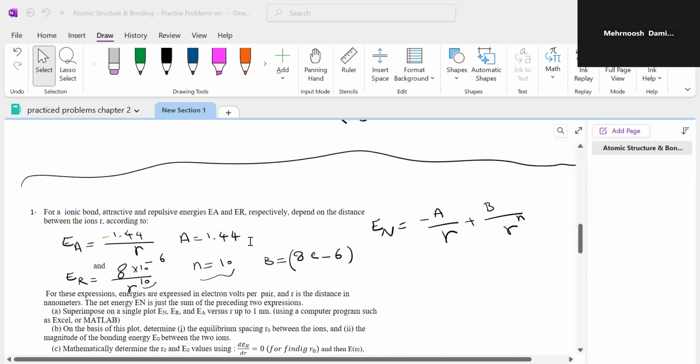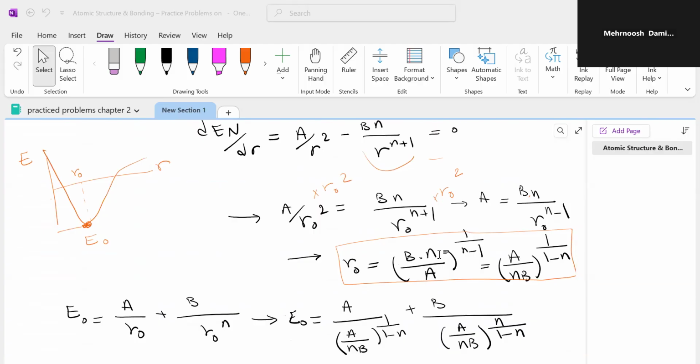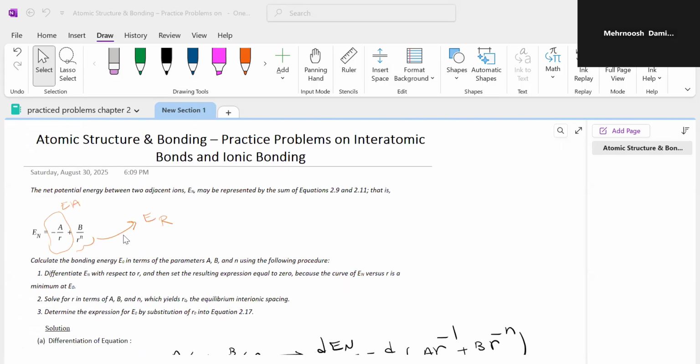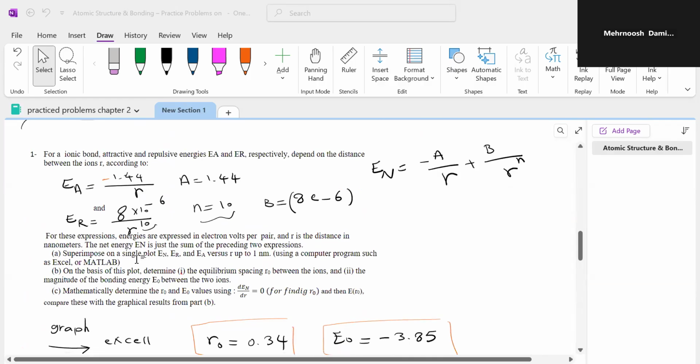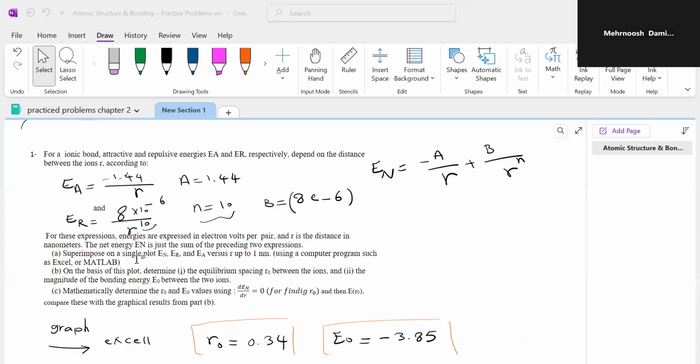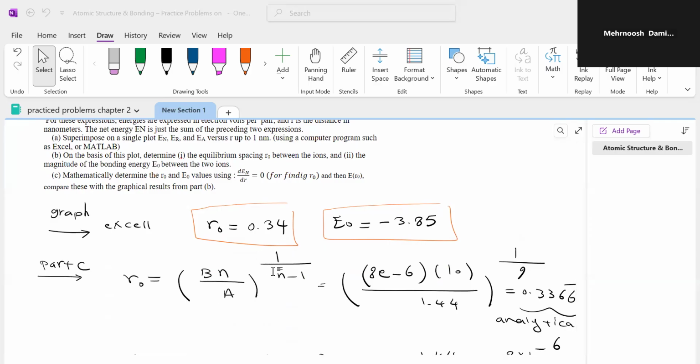We did that before in this problem, and you saw that R naught, related to the minimum energy, is B times N per A, to the 1 per N minus 1. So if we find R naught, only by substituting in this equation, we can find E naught too, and we want to compare the result with the analytical solution. Analytical solution means the derivative is 0, the equation that we found above, B times N per A to the 1 per N minus 1.